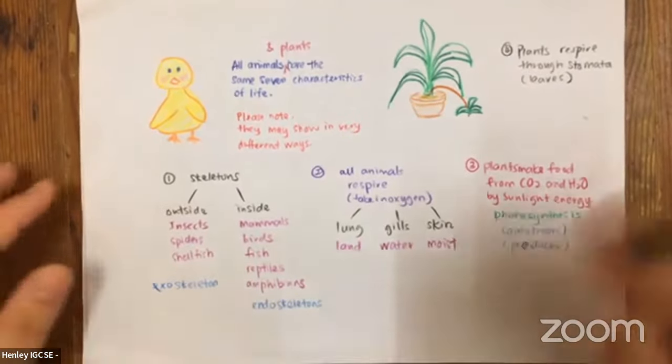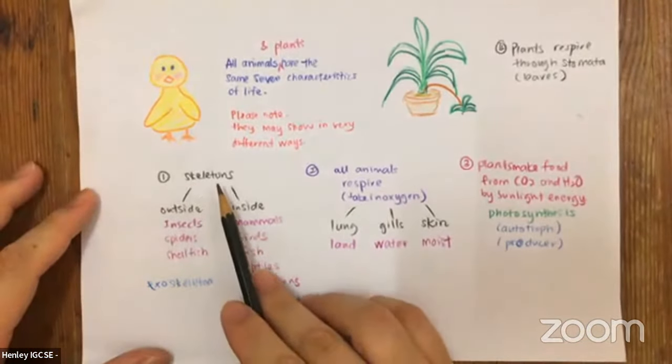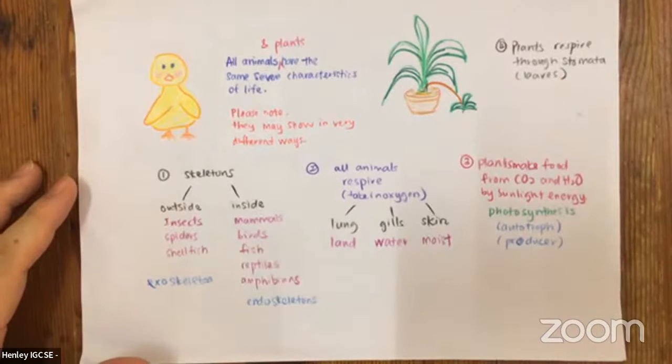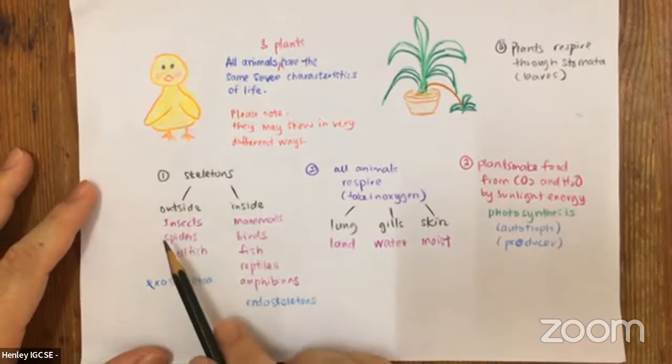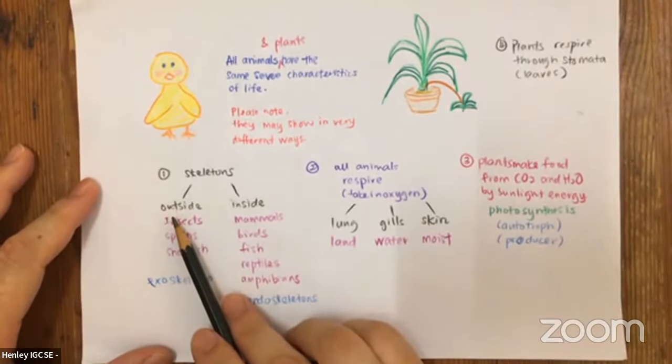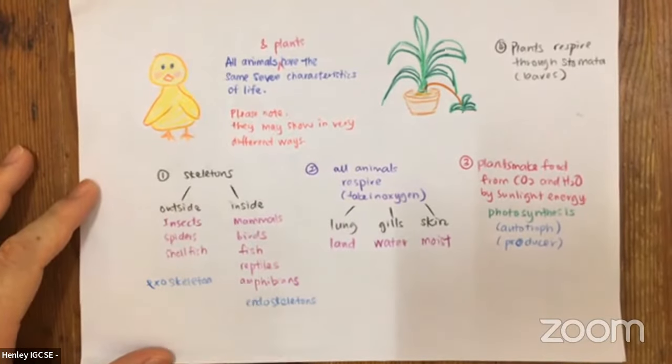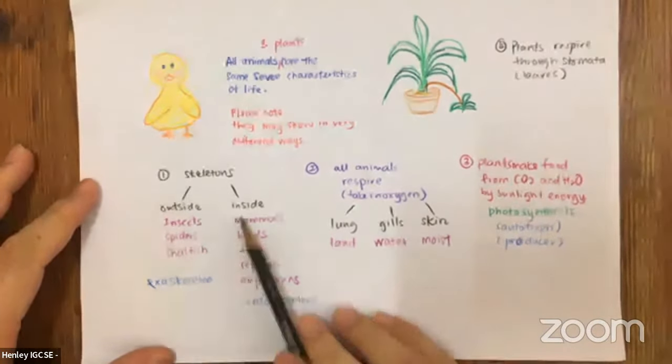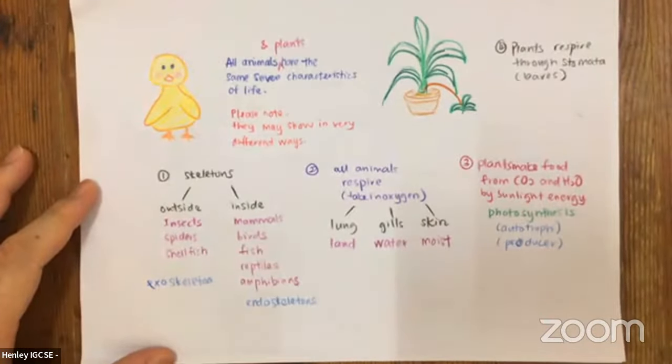Number 1 will be skeleton. Skeleton means the framework, the frame. Some organisms have an outside skeleton and some have an inside skeleton. The outside skeletons are in insects, spiders, and shellfish, just like a snail.